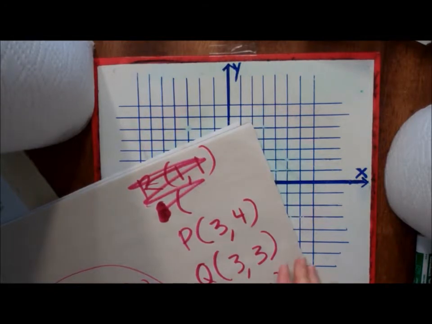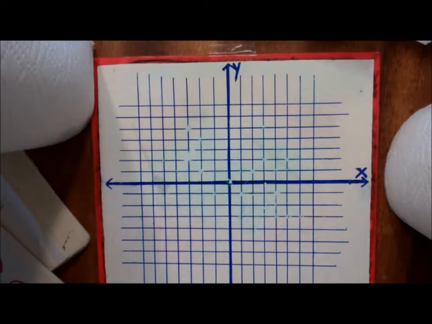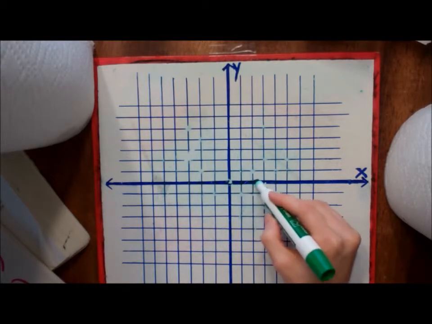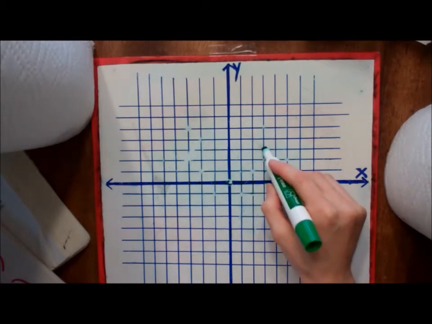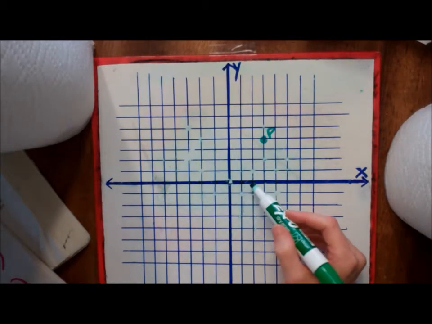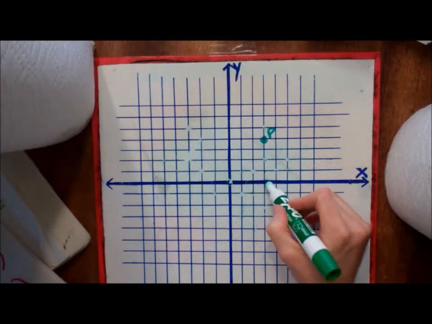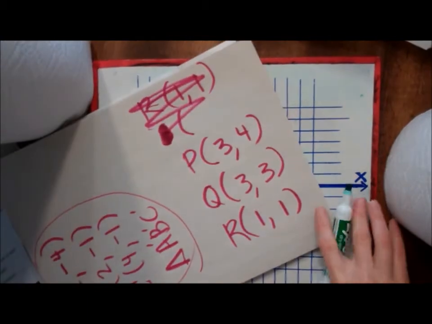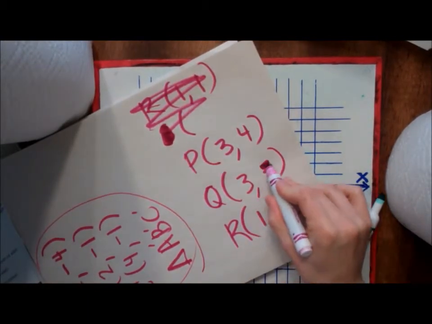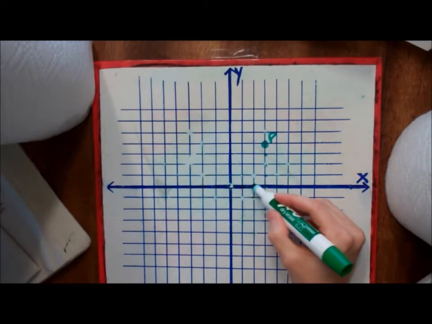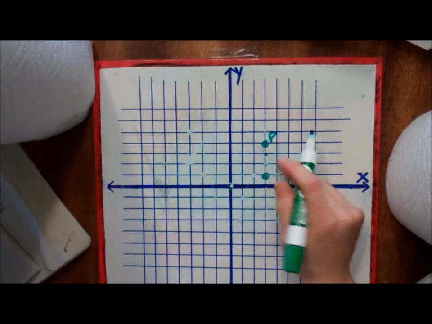Alright, so let's go and draw that one onto my axis. I'm going to go 3, 1, 2, 3, and up 1, 2, 3, 4 for P. For Q, I'm going to go 3, 1. So 1, 2, 3, and up 1.